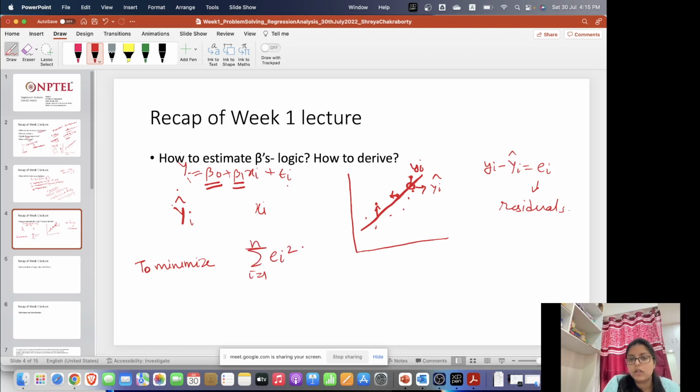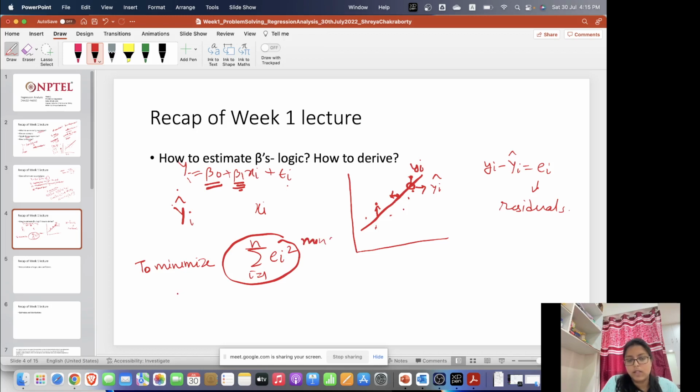Now how did we do this? We have to find values of beta naught and beta 1 such that this quantity is minimized.